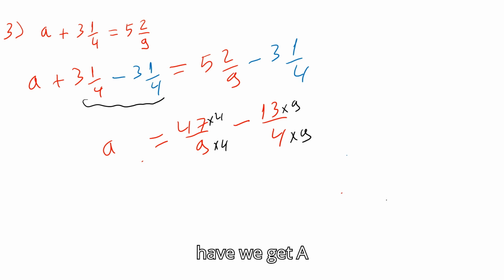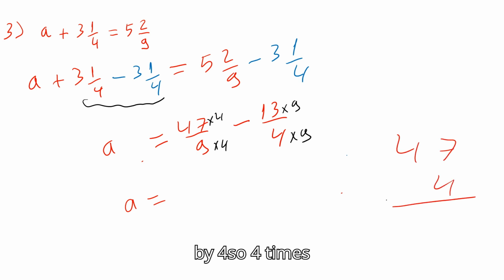So we get A equals 47 multiplied by 4. 4 times 7 is 28, 8 here and 2 carried. 4 times 4 is 16, plus 2, 18.